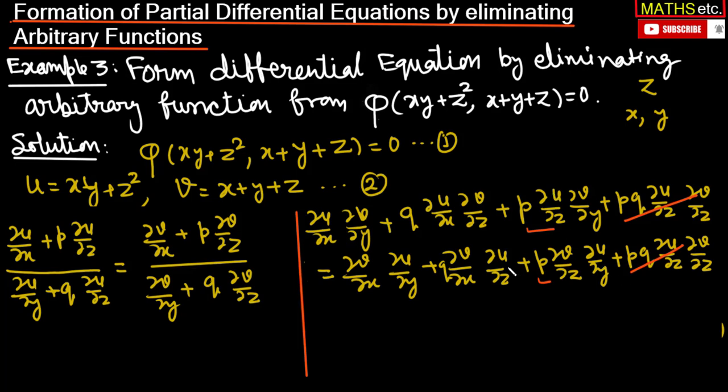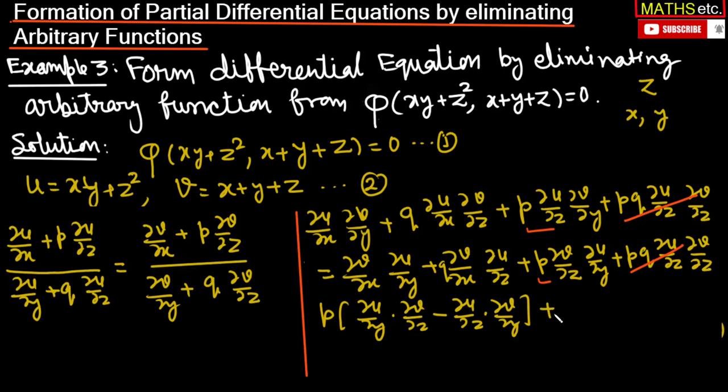Bringing this p term on the left hand side to the right hand side, we will get p of del u over del y multiplied by del v over del z, minus del u over del z multiplied by del v by del y.